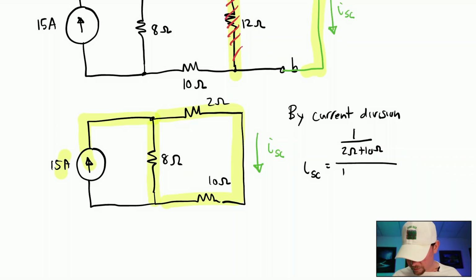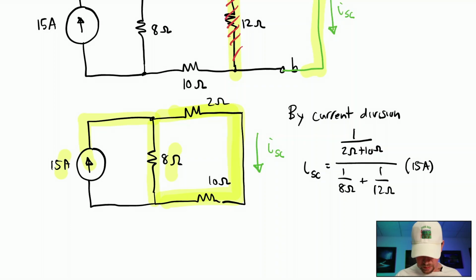So that's 1 over the 8 ohm resistor here, plus 1 over 2 plus 10 is 12 ohm resistance. So this is 12 ohms, and that's for this top part, times the current that's going into the junction that's being split. That's this 15 amp current.